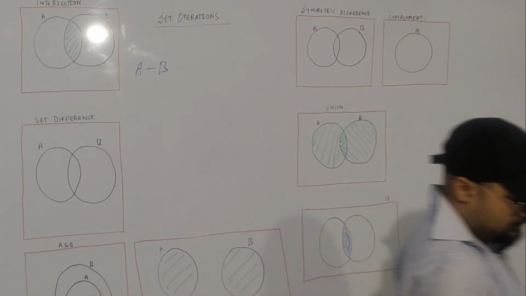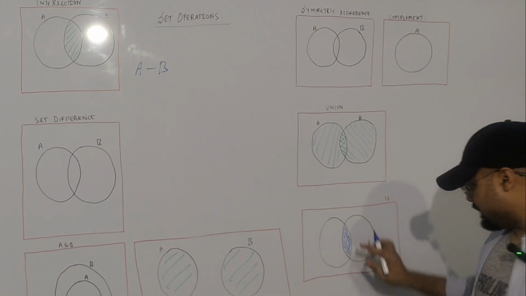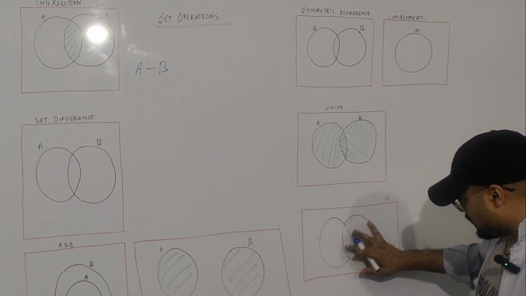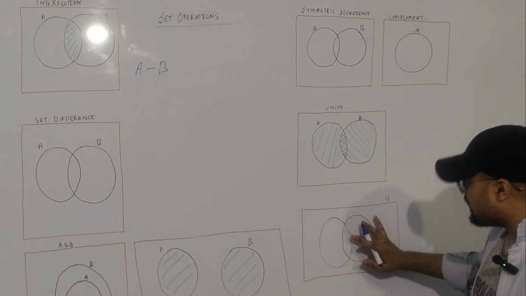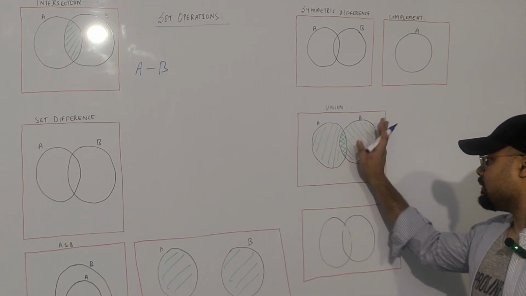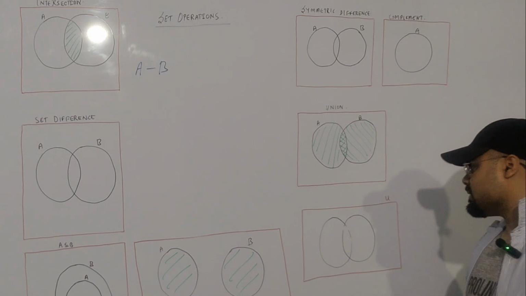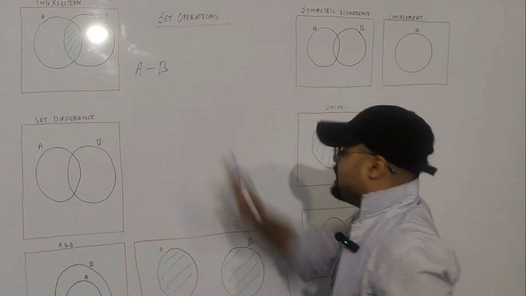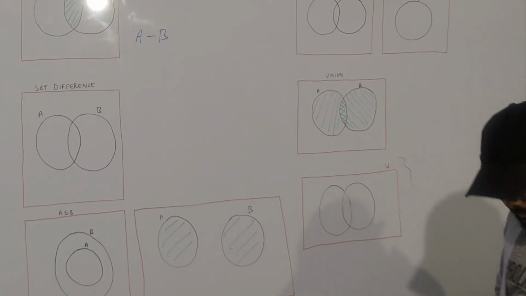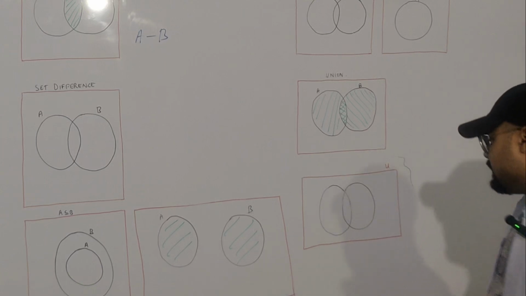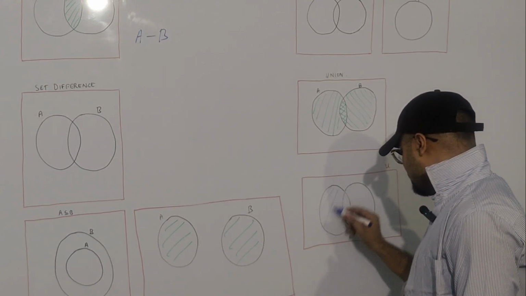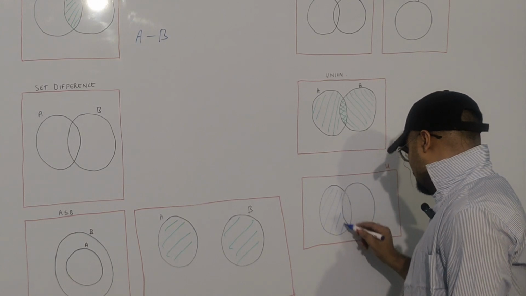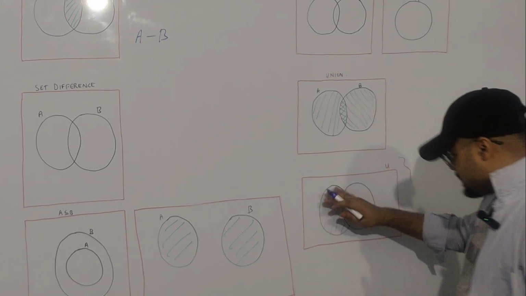Every set operation will give you elements from some region. You know what intersection will give. You have seen that. What will union give? It will give every element. Now A minus B will give those elements of A, this region.